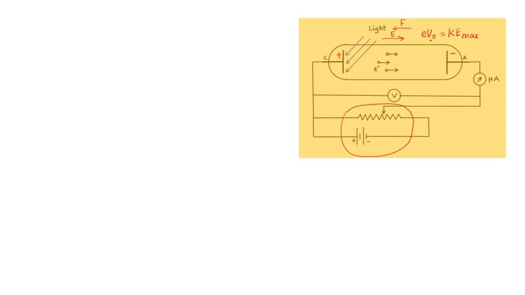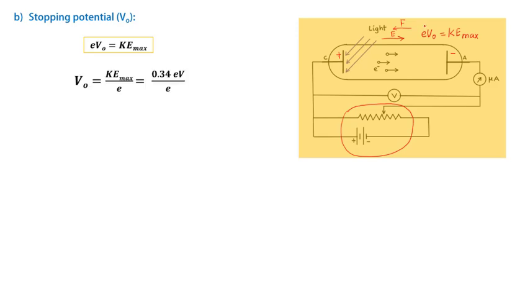It is this potential V0 which is the stopping potential, and it has been asked to find it. The relation is very simple. When this energy eV0 becomes equal to the maximum kinetic energy, the potential corresponding to this, that is V0, is what is called the stopping potential. So V0 is maximum kinetic energy divided by e, which is 0.34 electron volts divided by e. The e and e cancel.